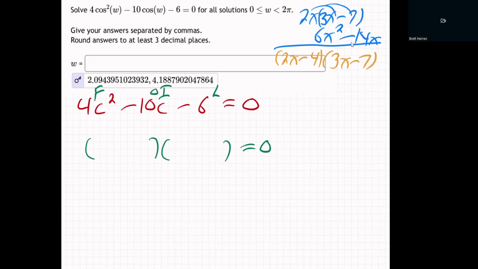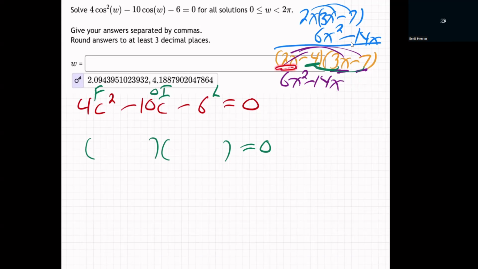Same kind of thing. You take this first and go boom, boom, and you get 6x squared minus 14x. This guy went to both these two. He's done. Oh wait, I messed up on the middle. It should be 14x.